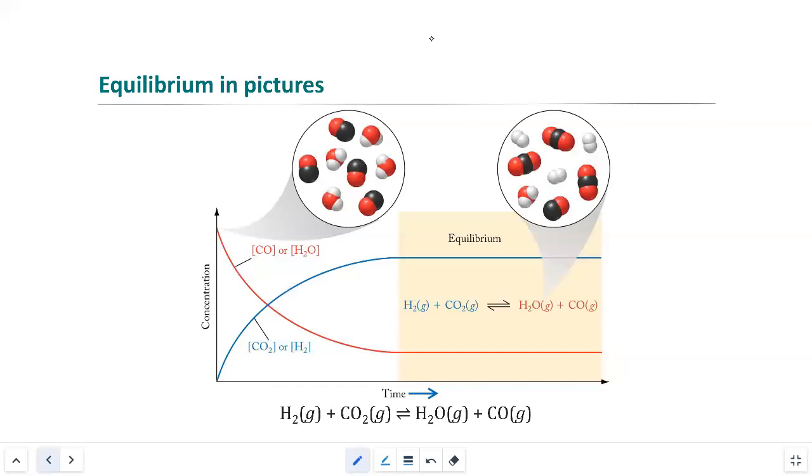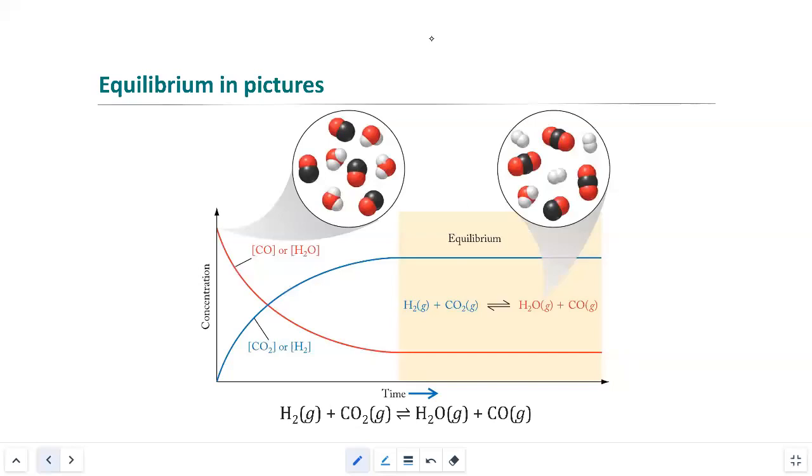Now, if this was the kinetics chapter, we could monitor and discuss the rates of appearance and disappearance of those reactants and products over time. We're starting to move away from that idea. What we're getting into now more is, okay, as this reaction proceeds, we're going to see that the concentration is going to decrease, but at some point, that concentration of those products is going to level off and maintain a constant value.